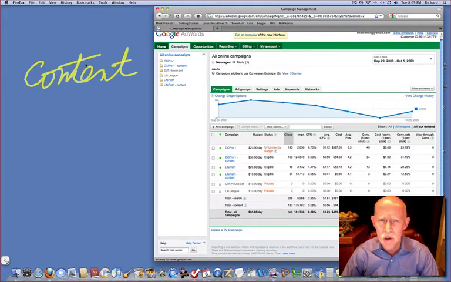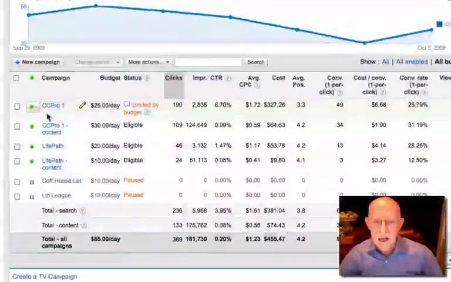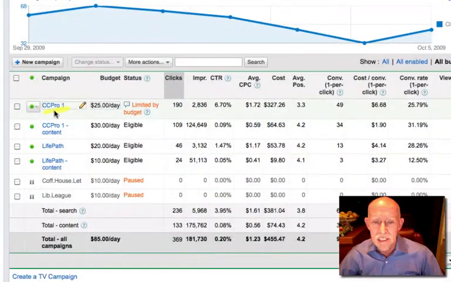Just a very few keywords, not very many at all, that we're trying to get people to look at our ad by. So what I want to point out, very specifically, is the difference in costs and some other numbers related to a search campaign as opposed to a content campaign. This right here is my CC Pro search campaign.